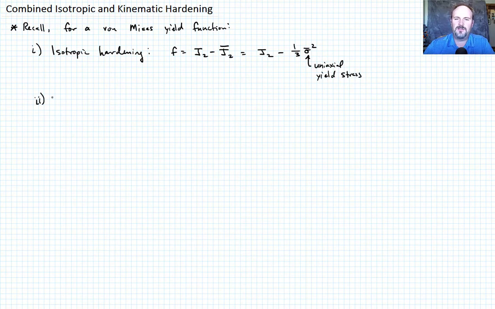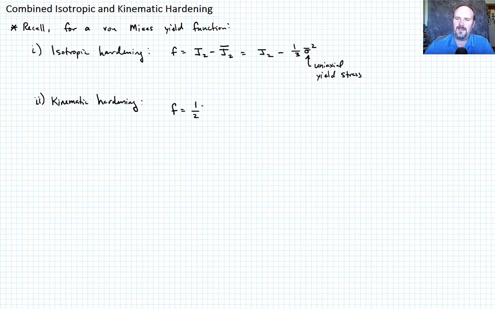So let's just refresh our memory on that. Kinematic hardening. And we developed a yield function for this. It looked like F, instead of writing J2 in this form, we actually wrote it out. Remember, J2 is just 1/2 Sij Sij, where S is the deviatoric stress tensor.